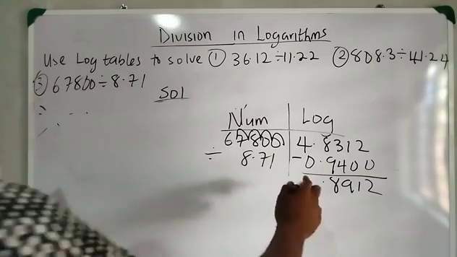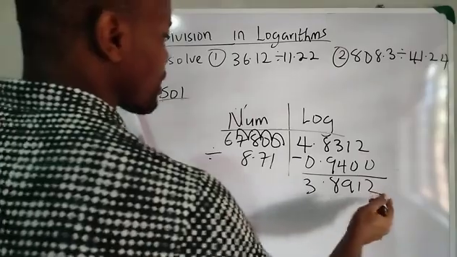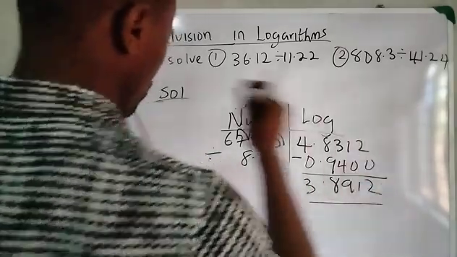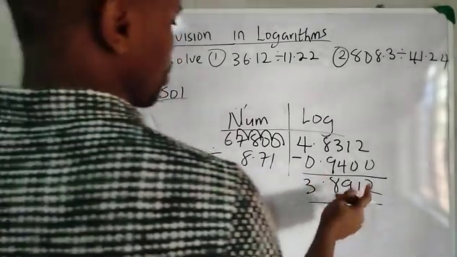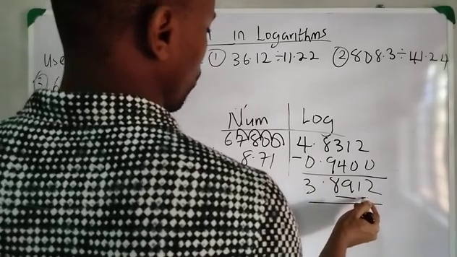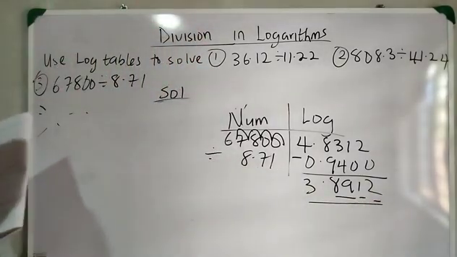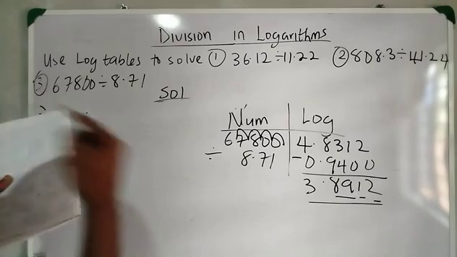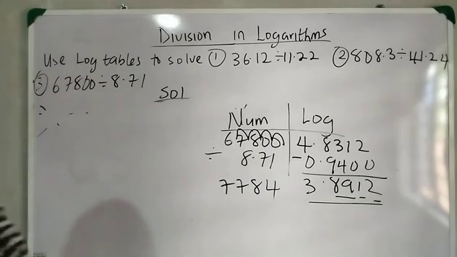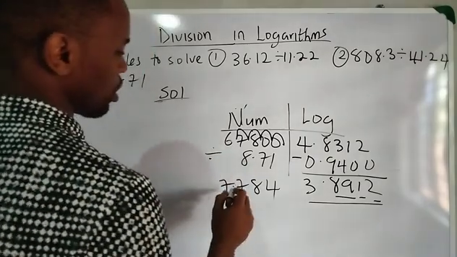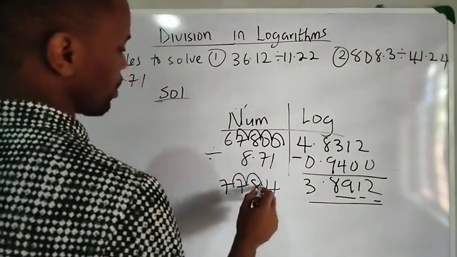To convert to a number, you use anti-logarithms to solve 3.8912. You keep this 3 in the pocket. Then you find the anti-logarithm of 89 under 1, difference 2. When you find that, you are going to have 7784. And then when you bring out the 3 in the pocket, this is the 0 position, this is 1, this is 2, this is 3.